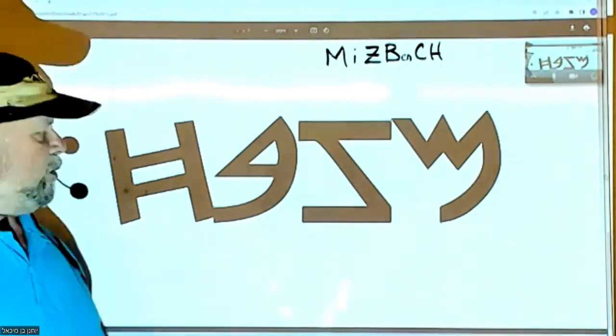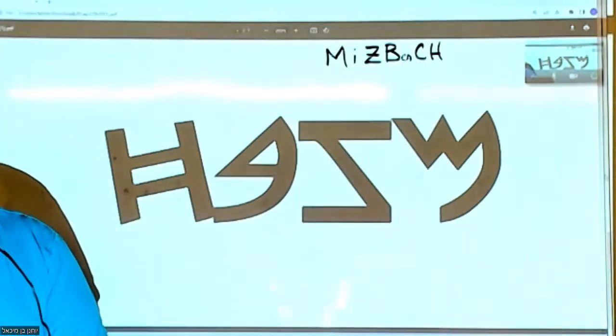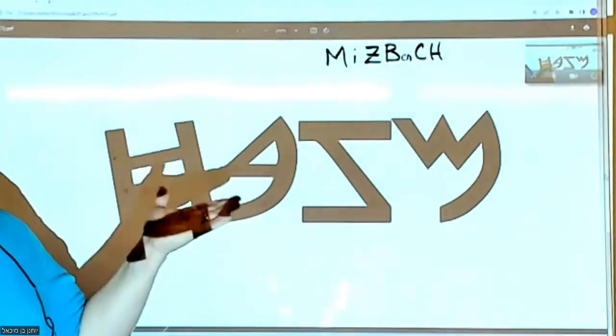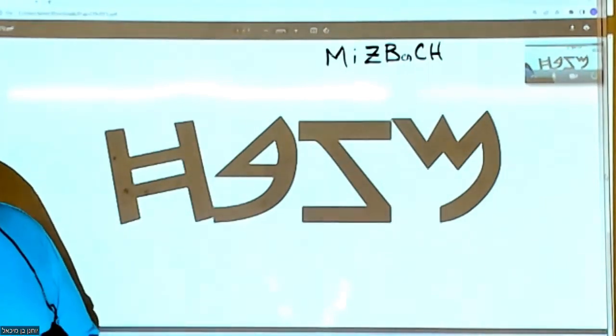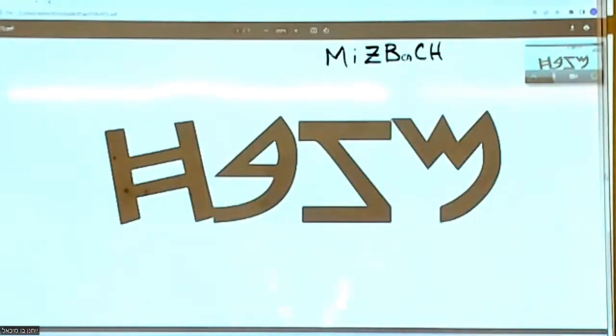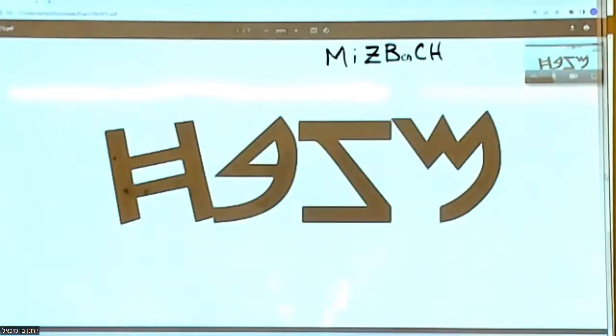All right. So what does this word mean? Well, there's a big clue in this word. Big hint here. And it has nothing to do with numbers or any of that kind of stuff. There's a big clue in this word. That's part of it.